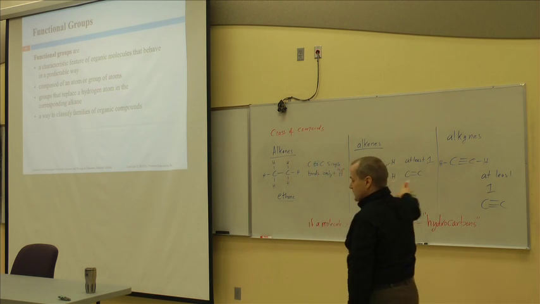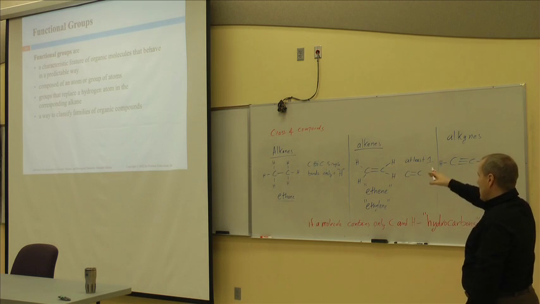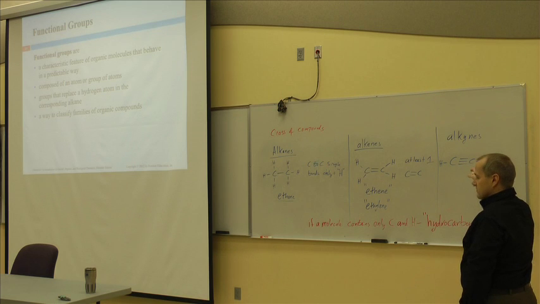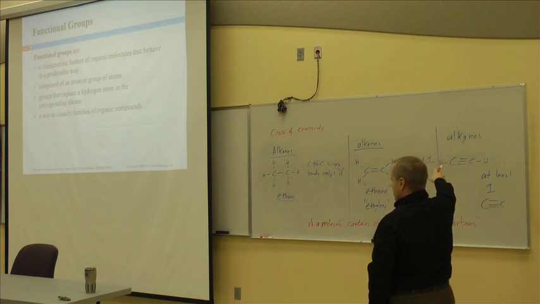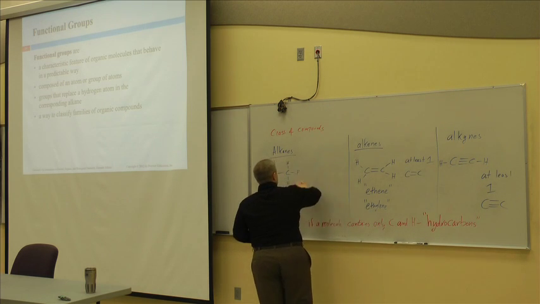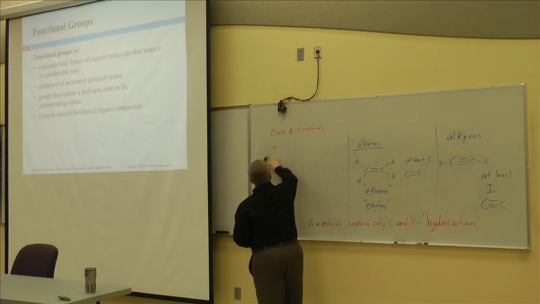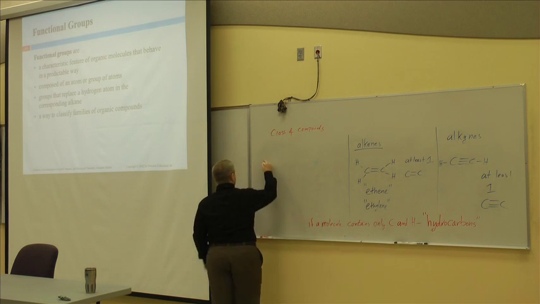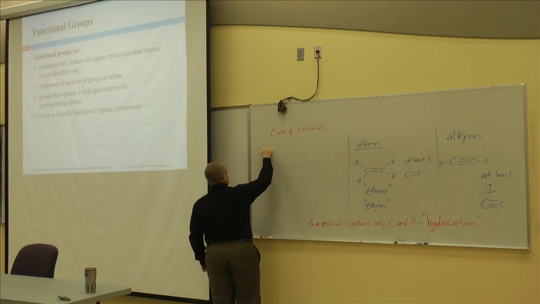Alright, so those are three classes. Alkanes, alkenes, alkynes. Single bonds, double bonds, triple bonds. Not too bad, right? Let's talk about our first non-carbon family. How about the alcohol?